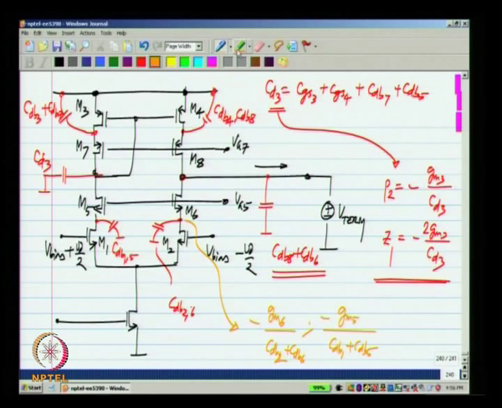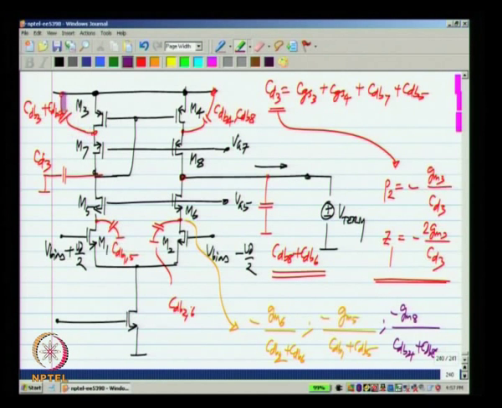Now, the current in M1 gets mirrored and then comes out of M4. Again it encounters the same behavior. There is current division between the GM of M8 and this parasitic capacitance. So, we will have GM8 by CdB4 plus CdB8 as another pole.